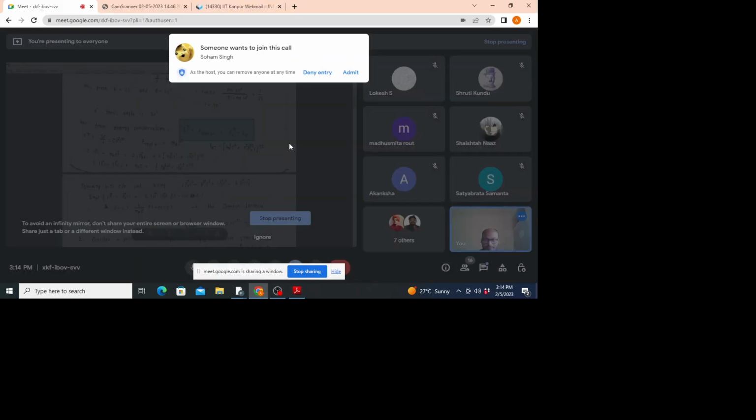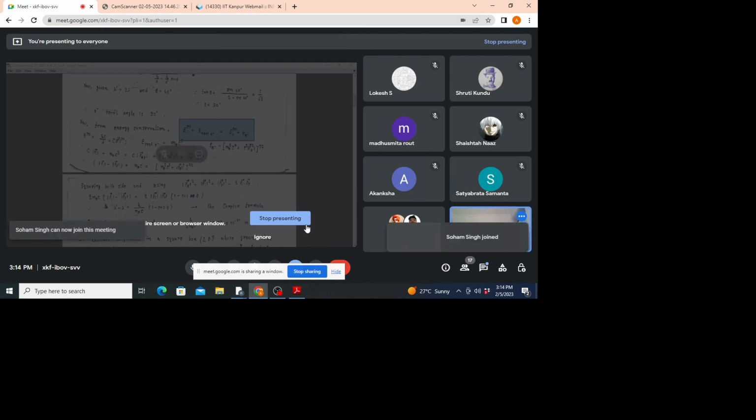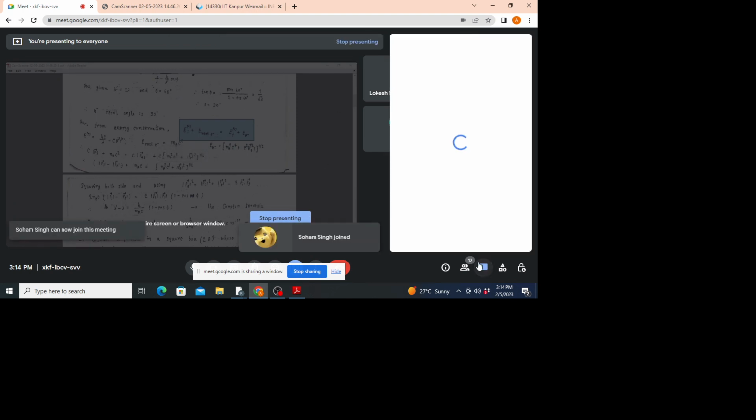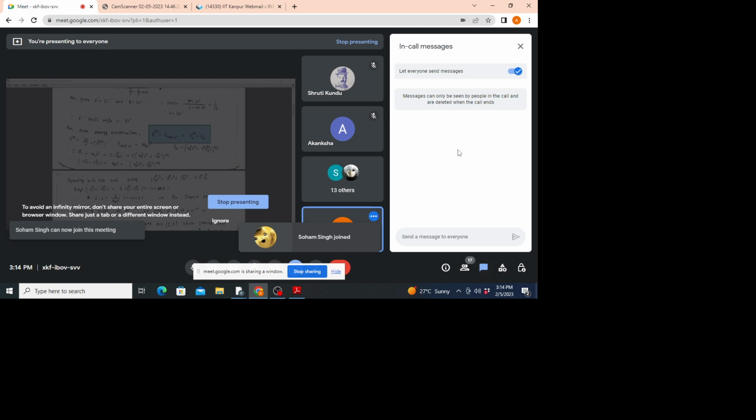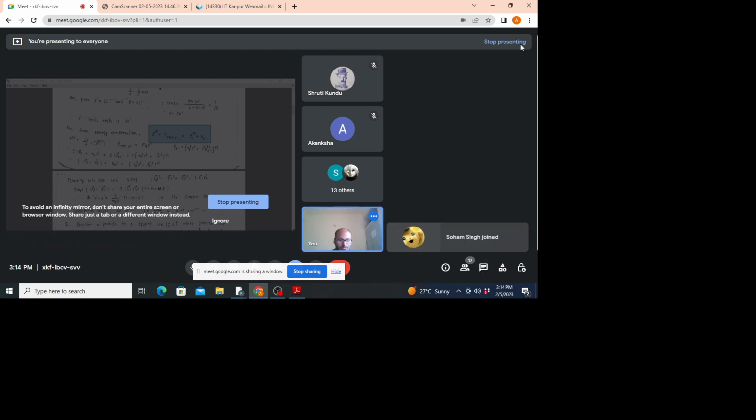Remember, in relativity you know the relation E is equal to mc square, where for a particle at rest, m is the rest mass of that particle.